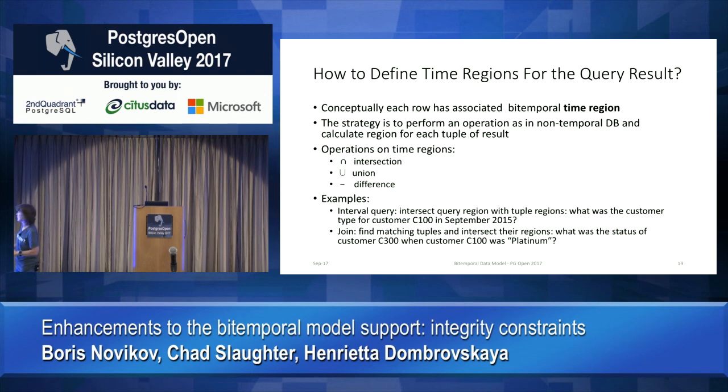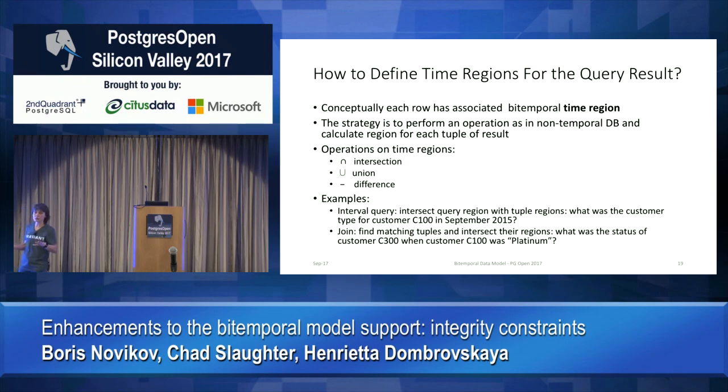So how do we define a time region? Conceptually, think about this: each row has an associated time region. And when we are executing a bitemporal query, we first execute it as if there are no time regions, just on the data.